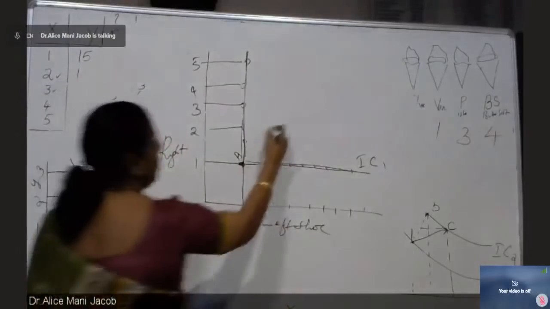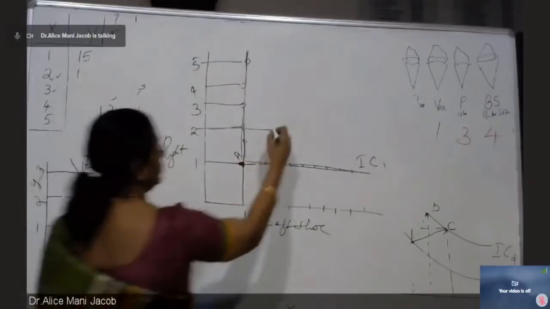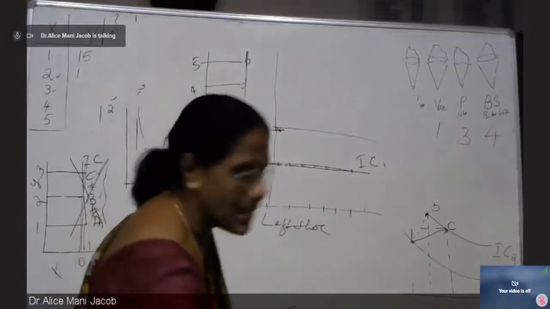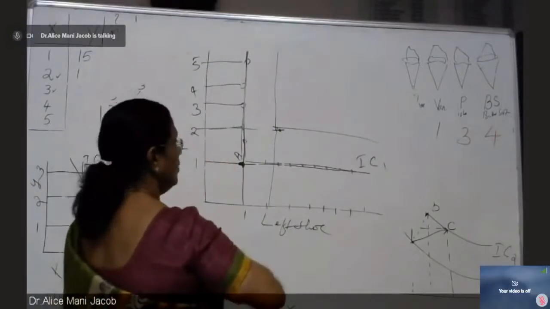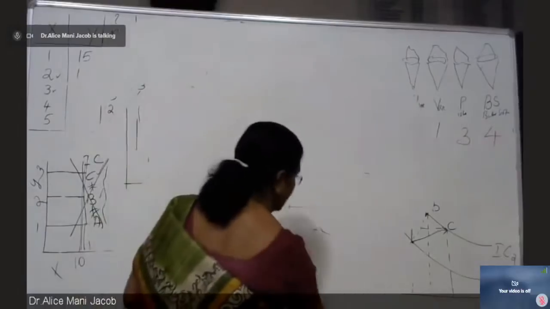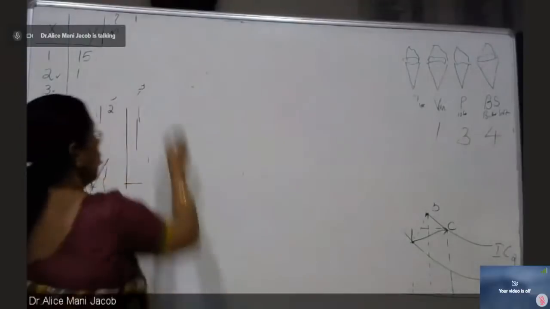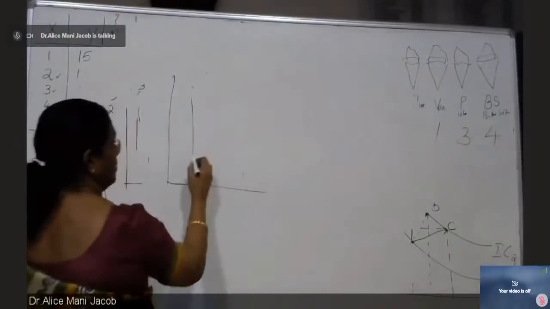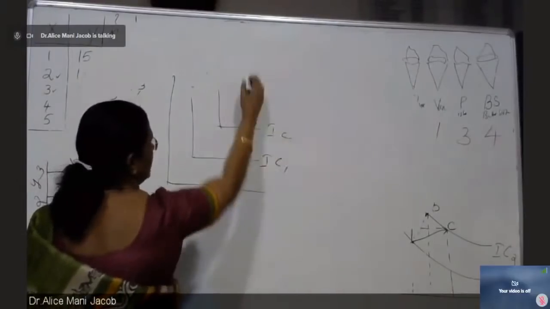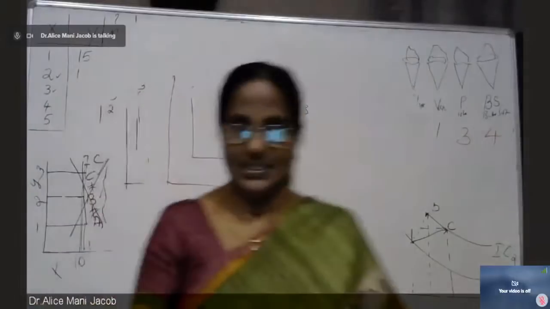You have 2 pairs of left shoes and 2 pairs of right shoes. Any extra left or right shoe will not increase your satisfaction. You will be remaining at the same level of satisfaction. And so, for perfect complements, this is the shape: IC1, IC2, IC3. I hope it is clear.